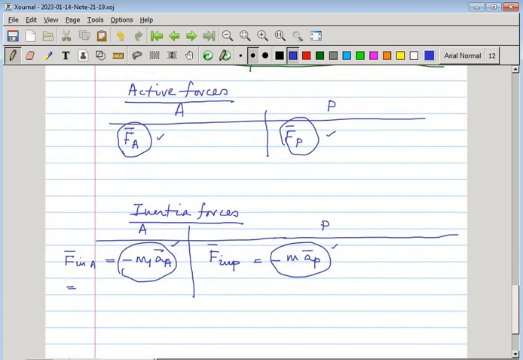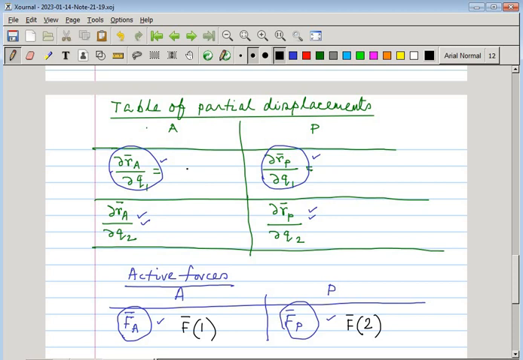So suppose we call it F1, and we call it F2, and we call it F inertia 1, and we call it F inertia 2, and here we call it PD first row first column, PD, that is partial displacement, first row second column, PD second row first column, PD second row second column.